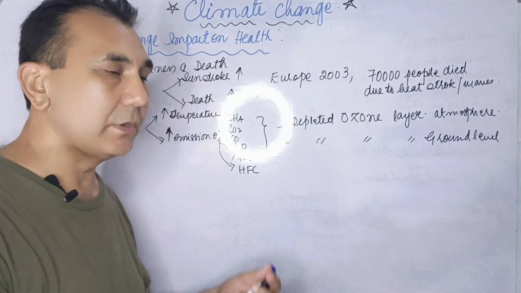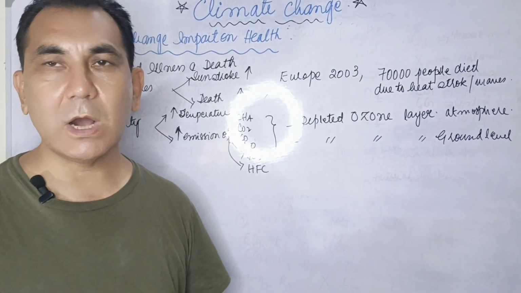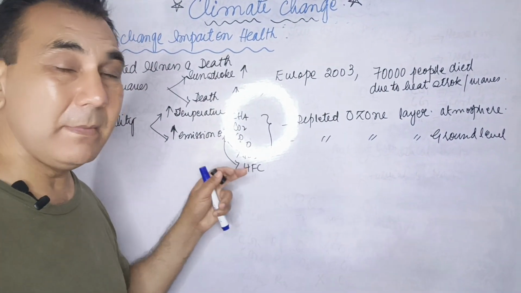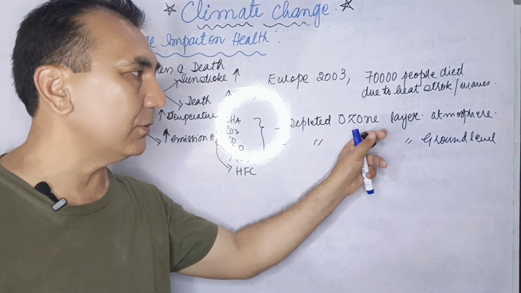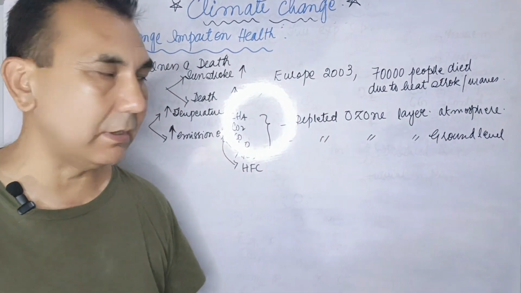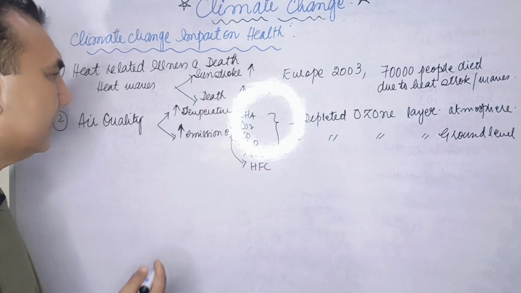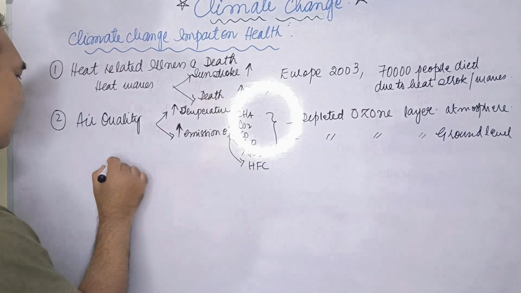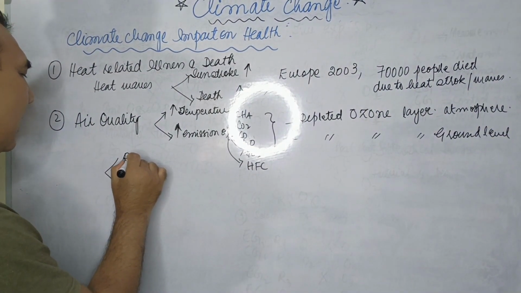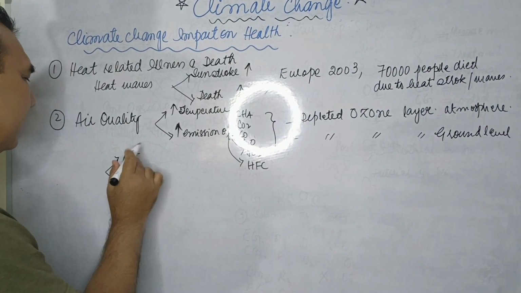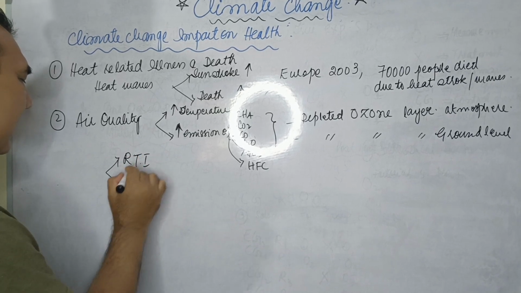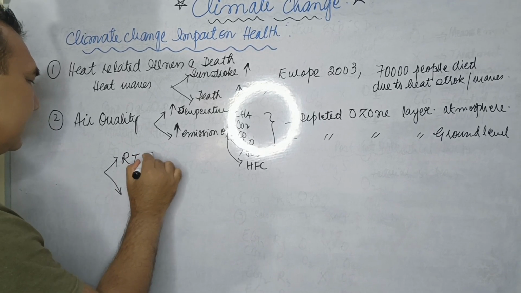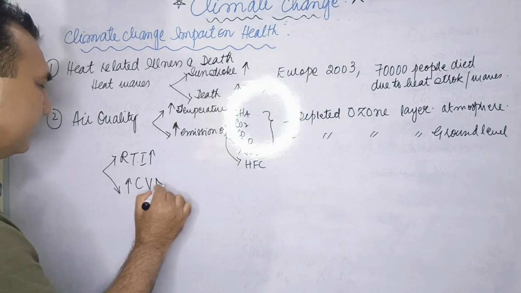So more emission of hydrofluorocarbon is the main cause for the depletion of the ozone layer at the atmosphere level. What would happen as a result of this? An increase of RI, respiratory tract infections, and the second one is an increase in CVDs.